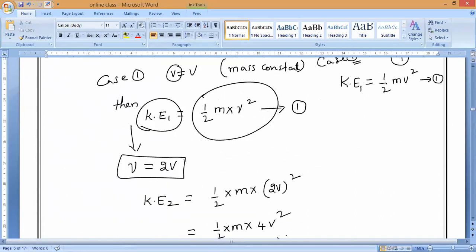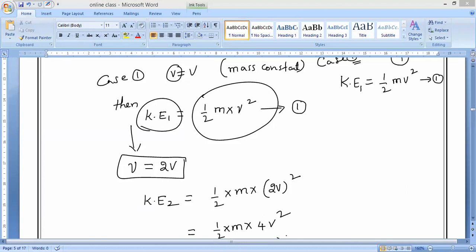Statement: if the velocity of a body is doubled, then its kinetic energy increases by how many times? 4 times. If the velocity of a body is doubled, its kinetic energy becomes 4 times.